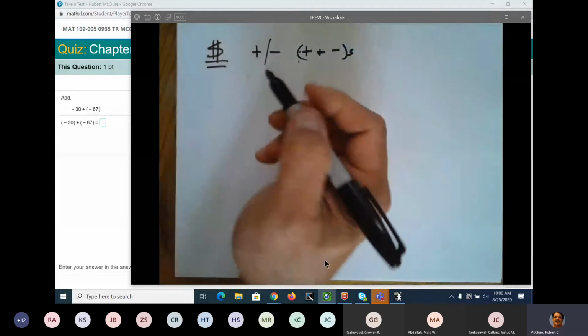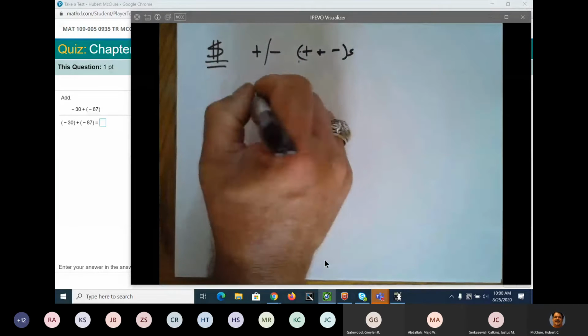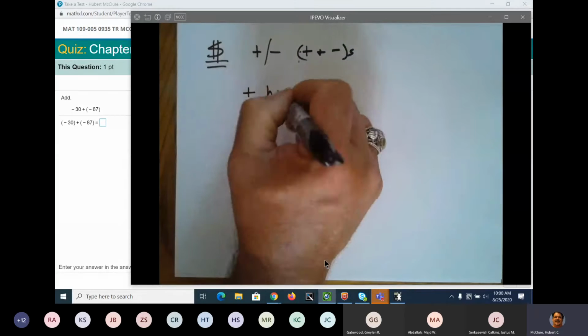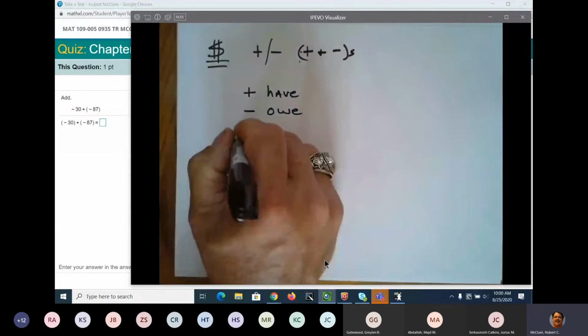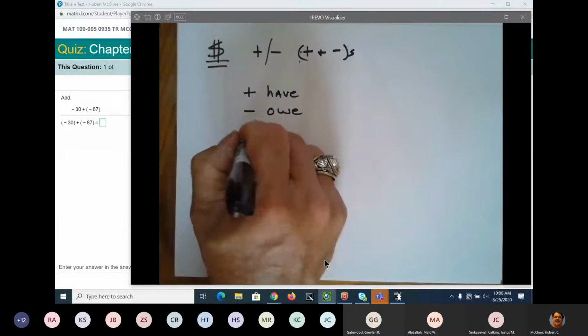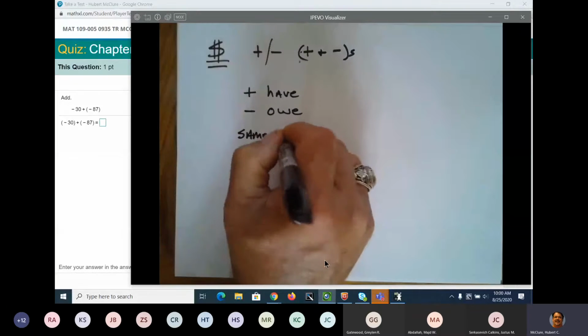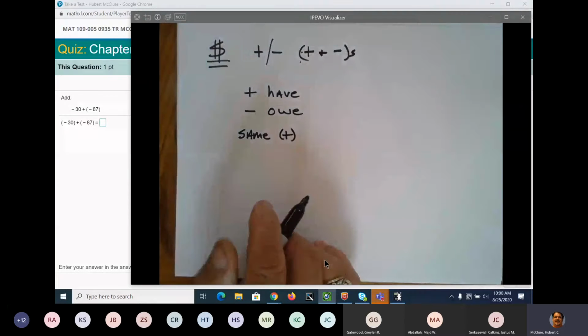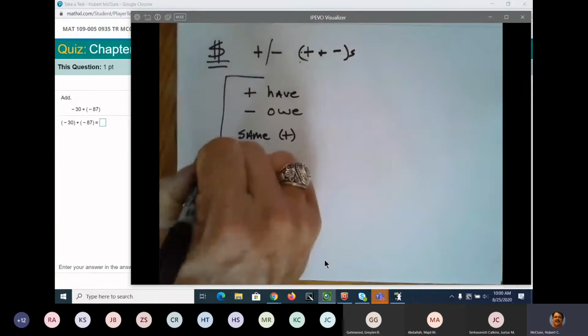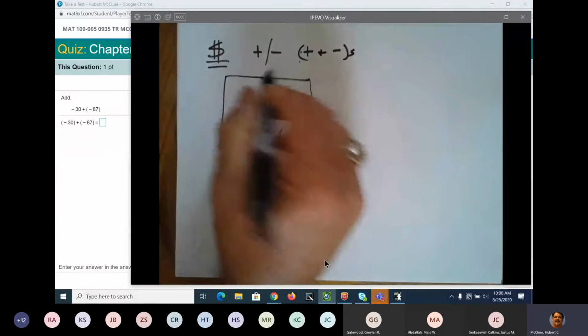You have and you owe. And two of the same make a positive. That's all you got to remember. That's the rules for adding and subtracting integers.